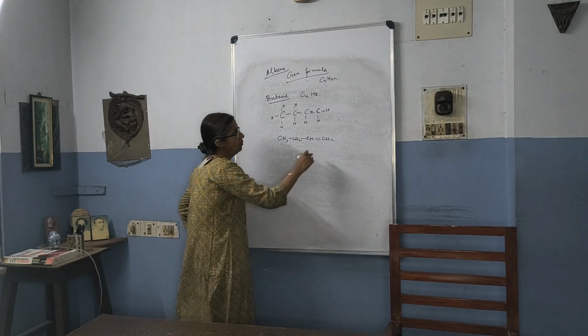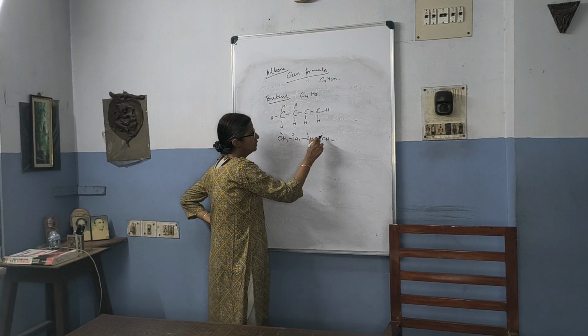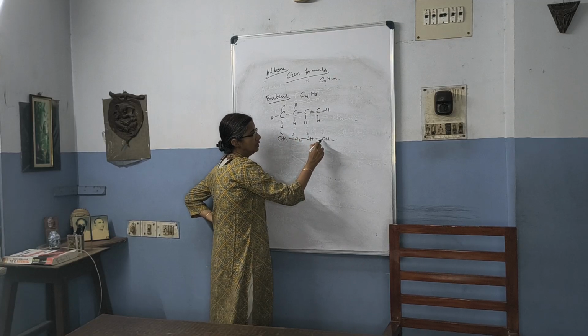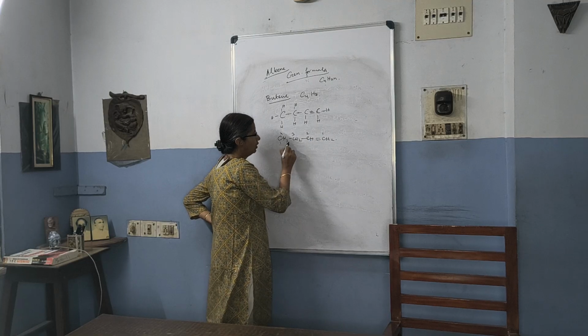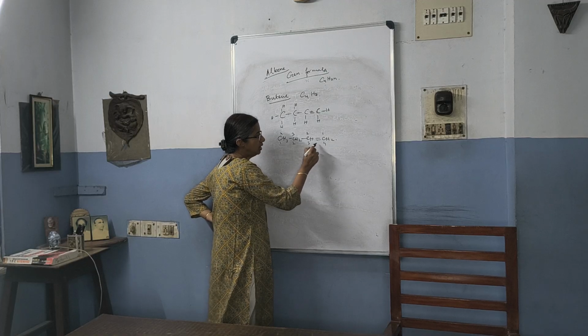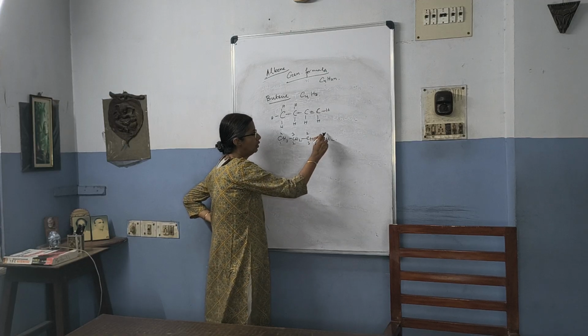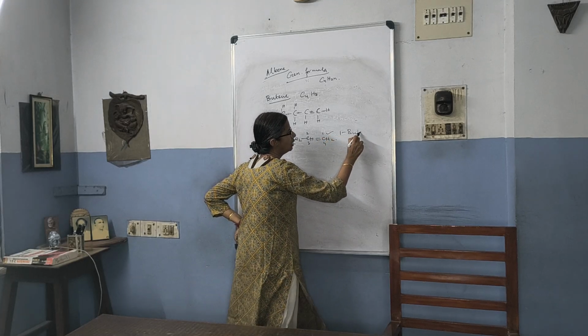The name is 1-butene. Now why does this 1 come? Because if you number like this, the position of the double bond is between 1 and 2. If you number like this 1, 2, 3, 4, then it is 3-butene, but 3-butene won't do. According to this, it is 1-butene.